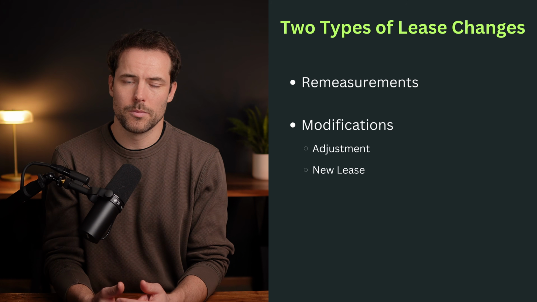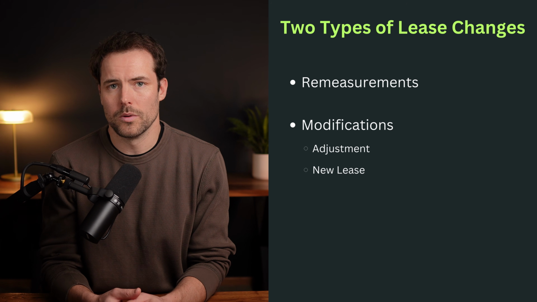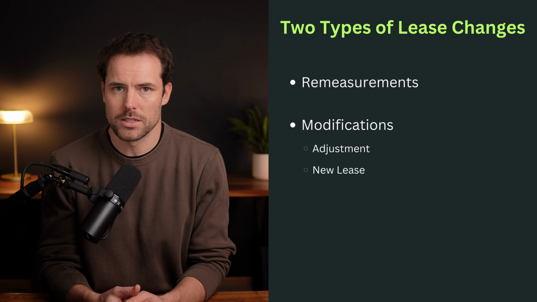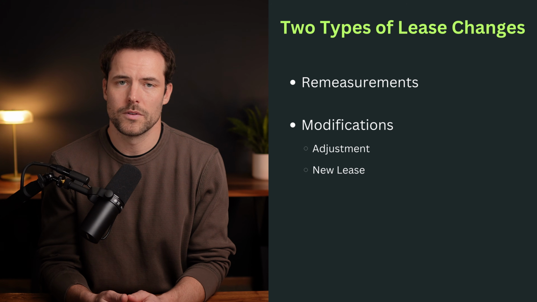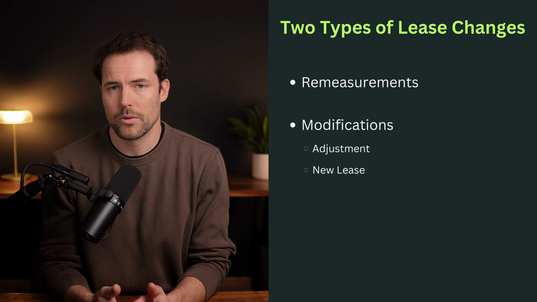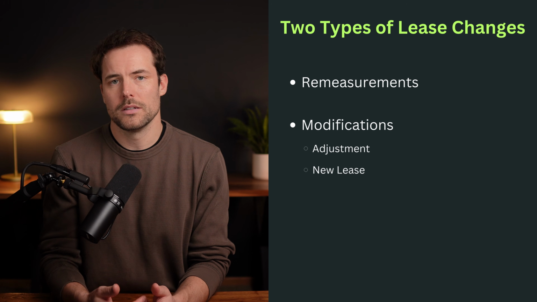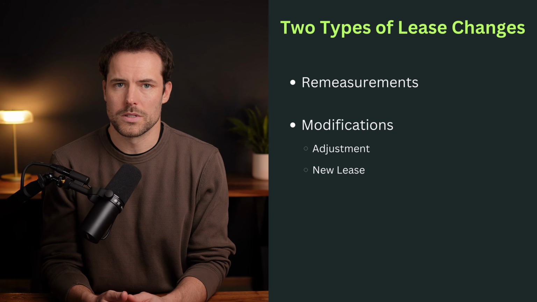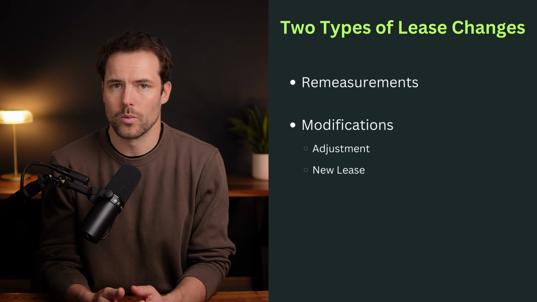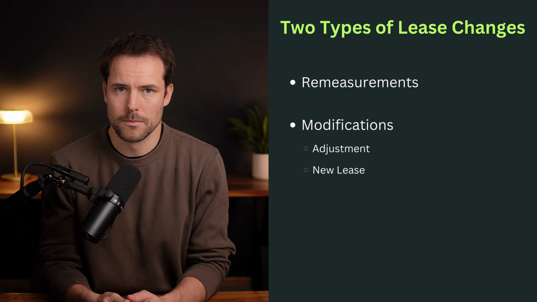So over the next couple of episodes, our goal will be to understand which types of changes lead to remeasurement versus modification, and how to think about each. To do that, let's start by looking closely at what the standard says about reassessment by the lessee.